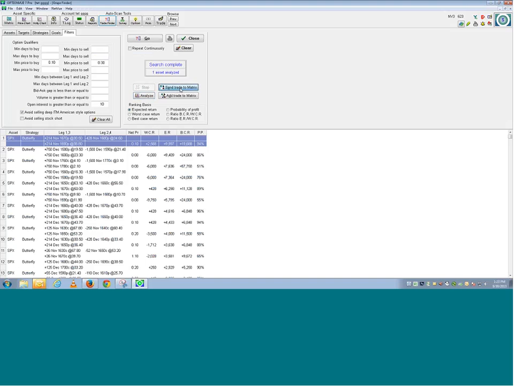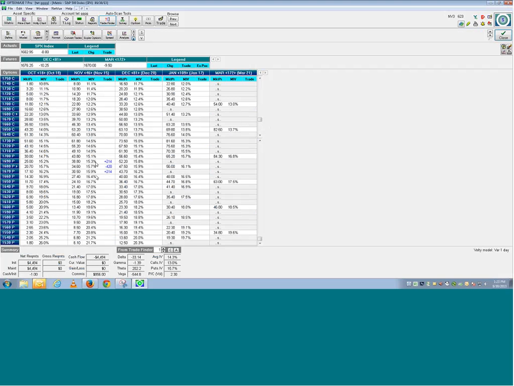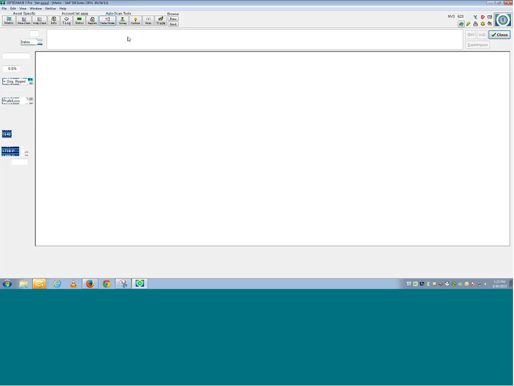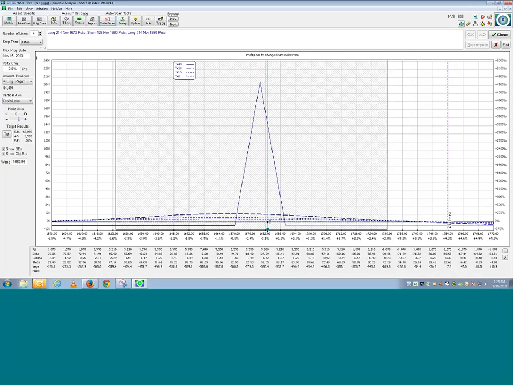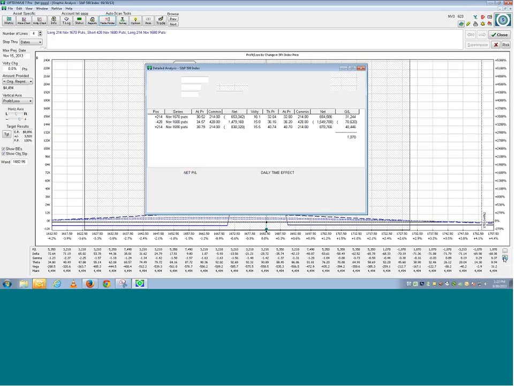And what you want to do is send the trade to the matrix, and you can see somewhere here it found that one of these was priced a little bit off. And indeed, just a 1% difference made it such that when you analyze this thing, the T+0 line renders an immediate profit.